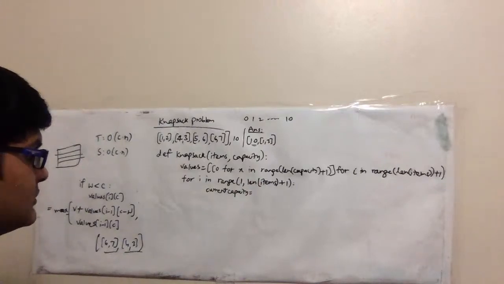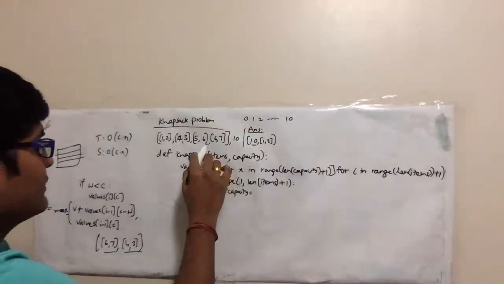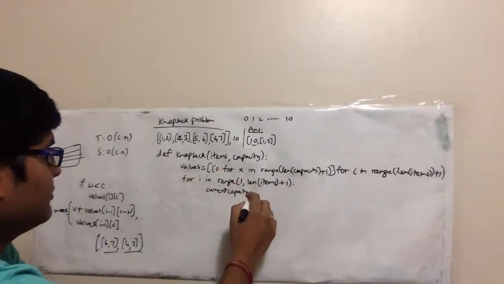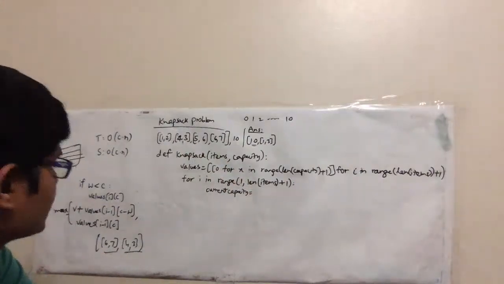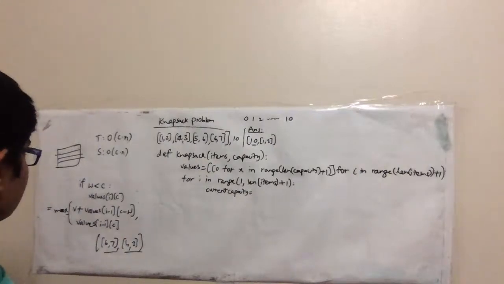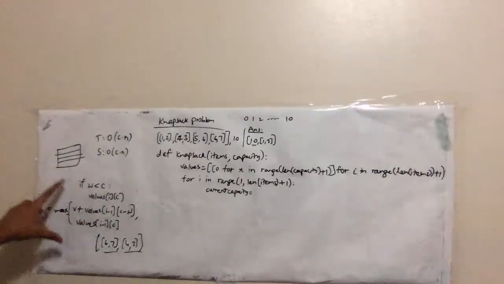So what is the current capacity? That would be capacity for, okay, see, this is the pseudocode.